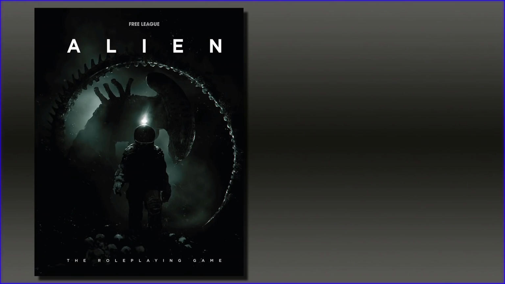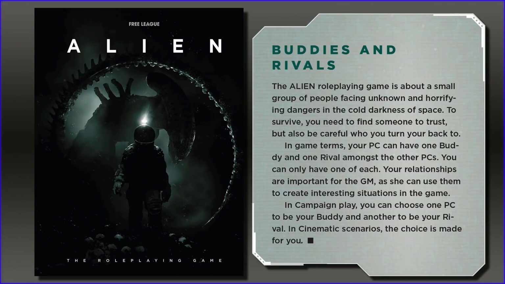And if the player characters do know each other prior to the start of the campaign, we can incorporate one aspect from the Alien role-playing game called Buddies and Rivals, which is listing who their character considers their favorite and least favorite PC. Now, this doesn't require any sort of in-game mechanical effect. This is really just a roleplay tool of your character's opinion of some of the other members of their party.